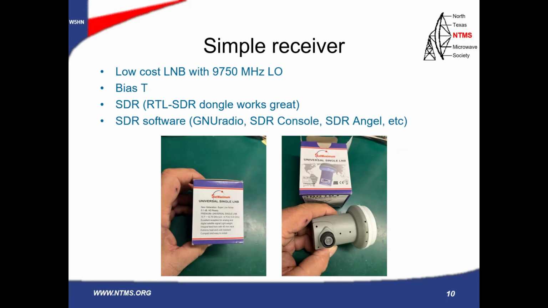I've got a GNU Radio receiver, an SDR Console, SDR Angel. Anything will work. Look at these specs if you believe them. But these things are less than $10. It does come with an F connector, so you're going to have to adapt that down to, I guess, SMA.